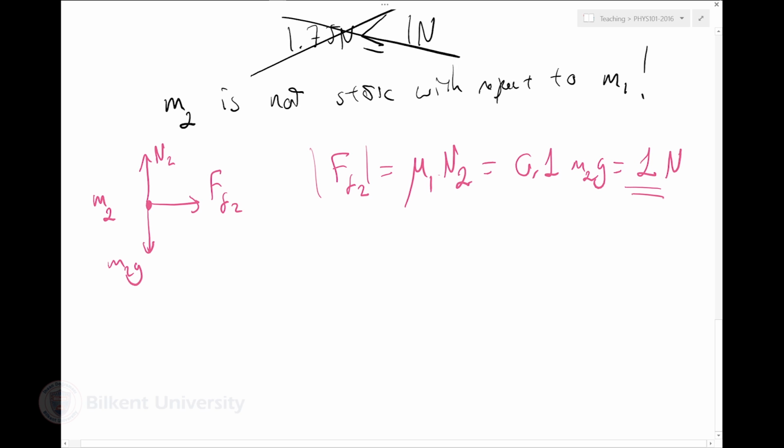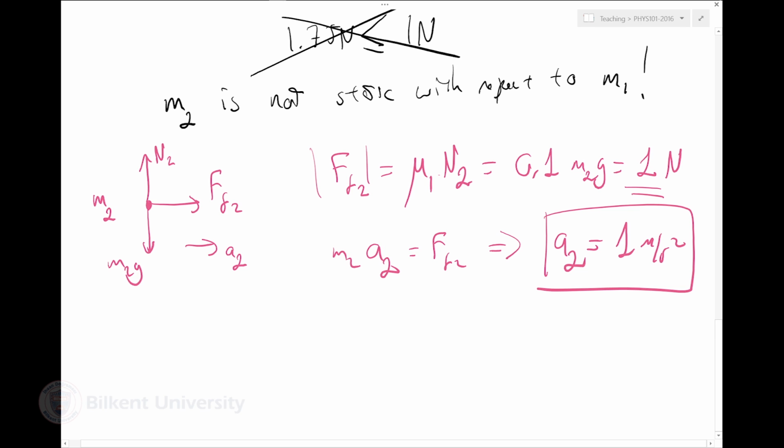So M2 A2 is going to be F friction 2, so A2 is going to be 1 meter per second squared.